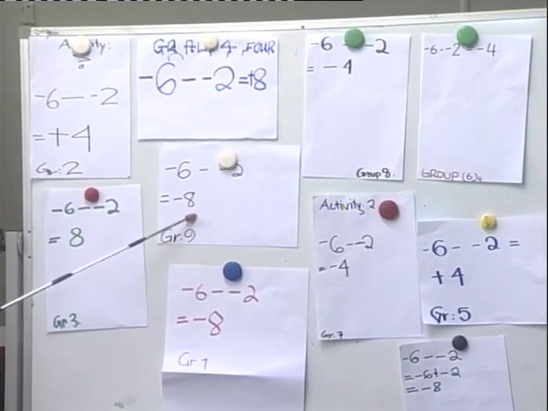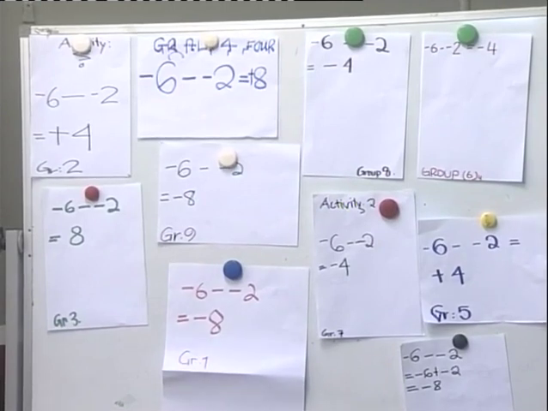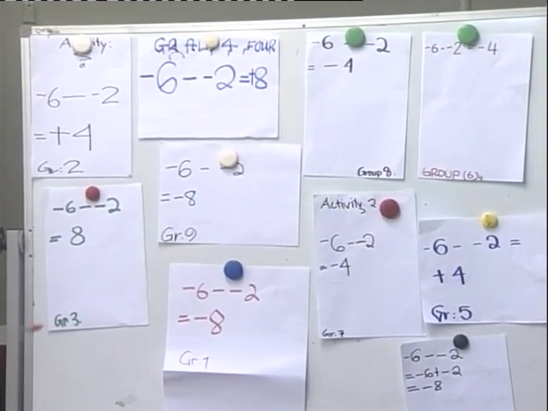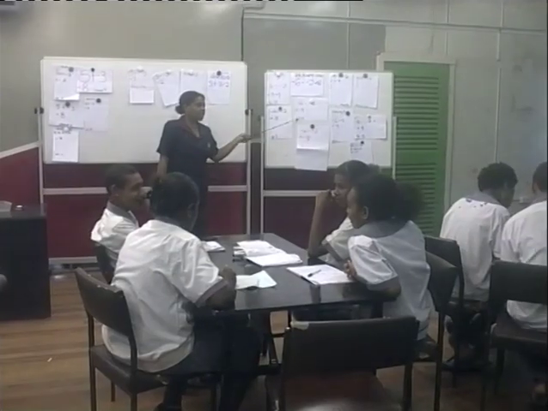Okay, those of you who got negative 8, hands up if you got negative 8. Receiving students? Okay, this group here got negative 8. Can you tell us how you got negative 8?